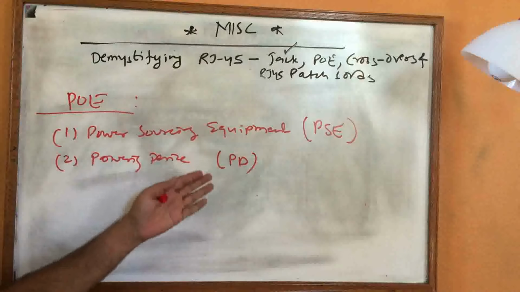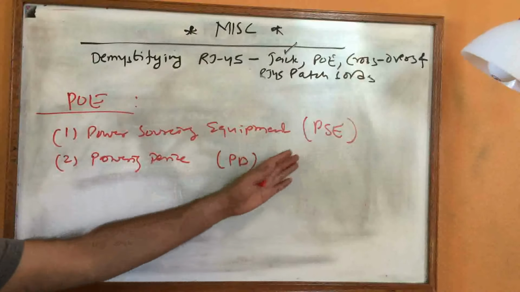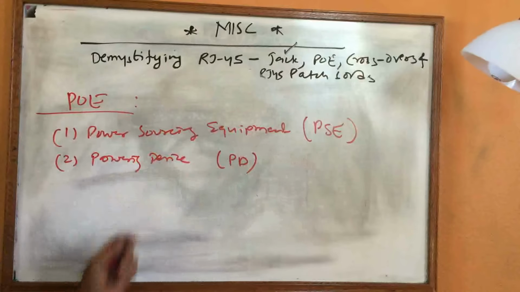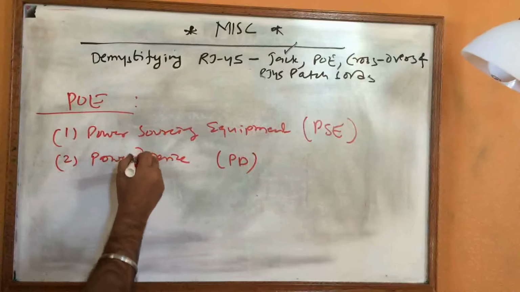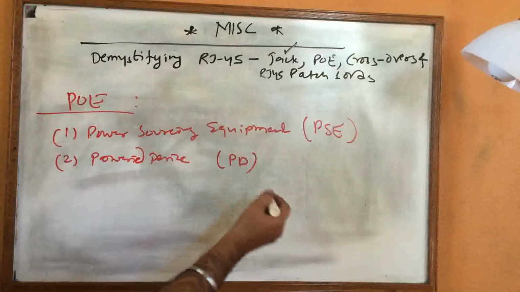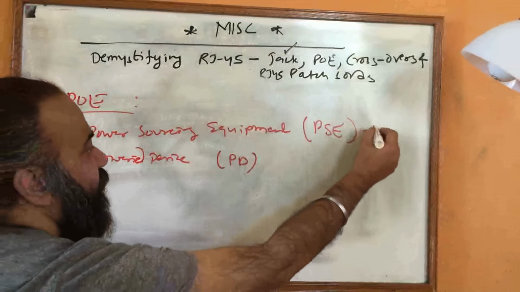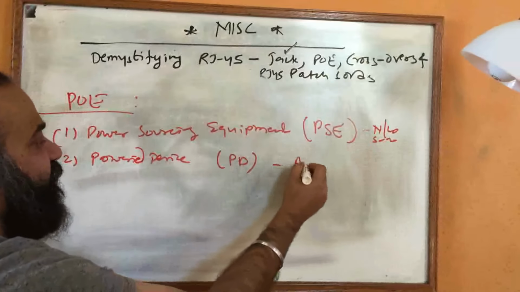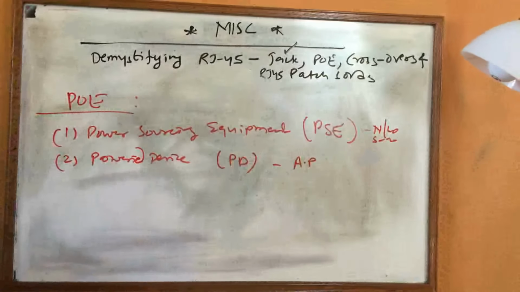From the language, it is not that complicated. The PSE is the equipment which provides the power, and the powered device is a device which gets powered. In the previous example, the networking switch was the PSE and the PD was the wireless access point.